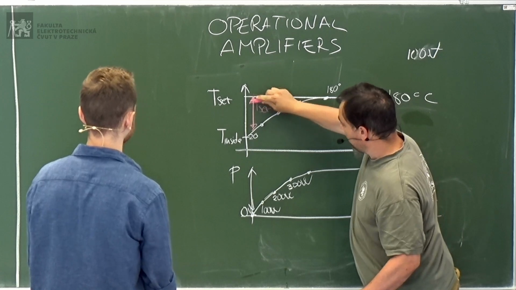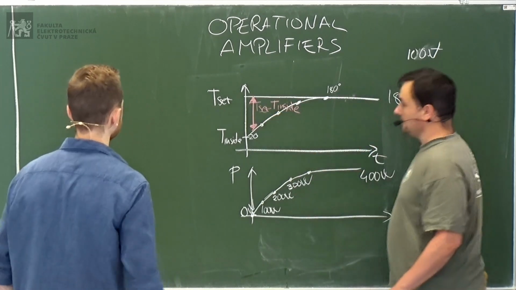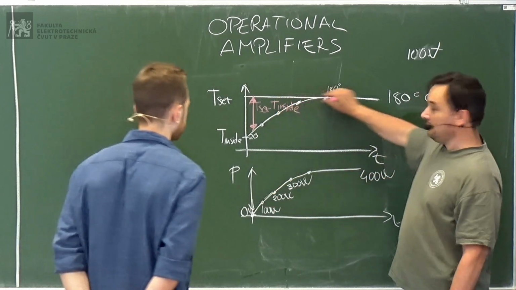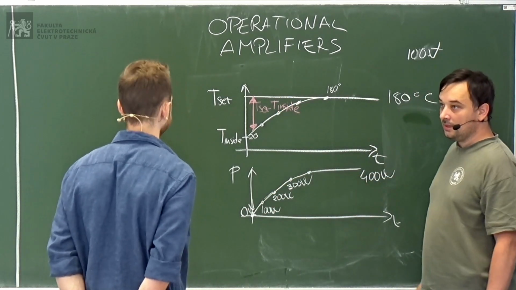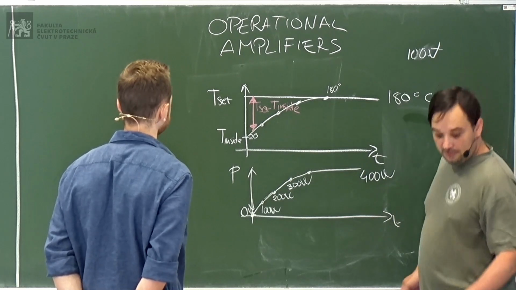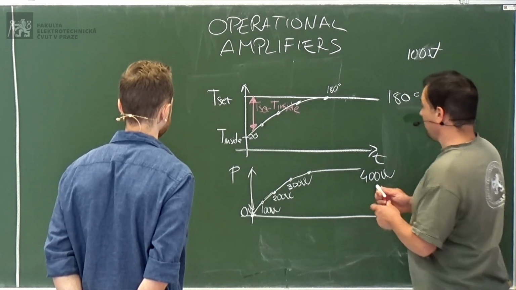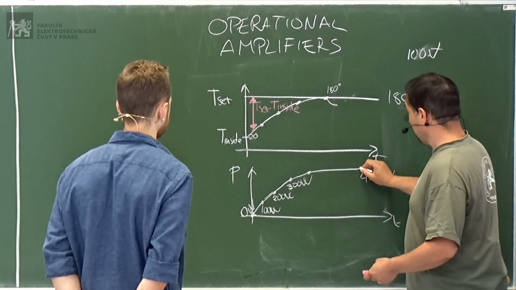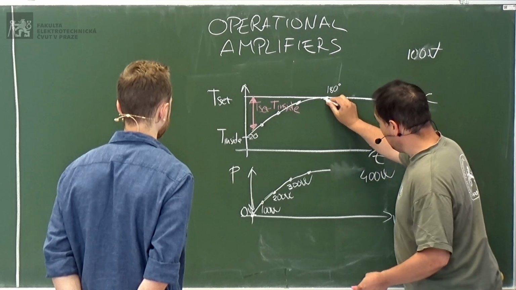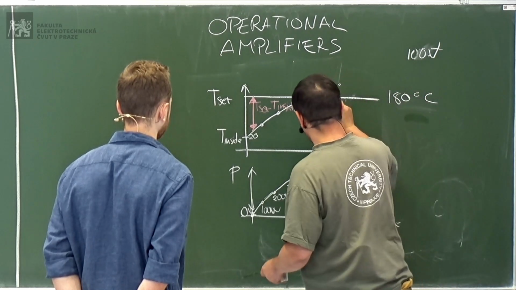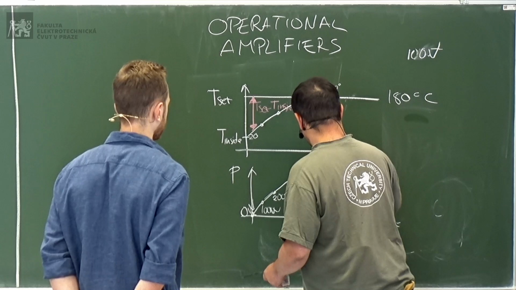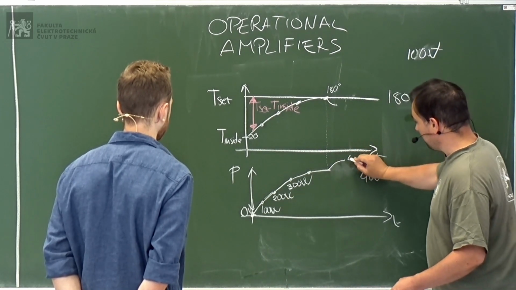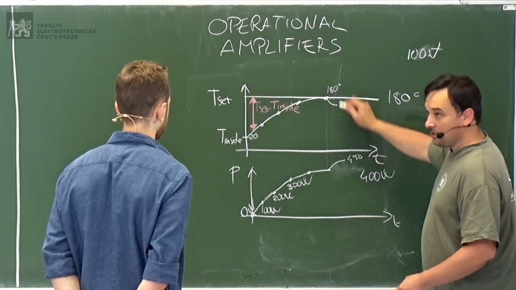So it will take this difference and it will increase the power until this difference becomes 0. Okay. Then if there is some disturbance, the temperature will drop, for instance, because you open the door. Here, it will increase to, we said, 450 in order to compensate the drop and so on.